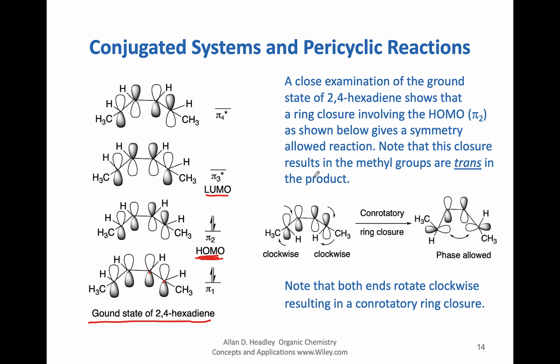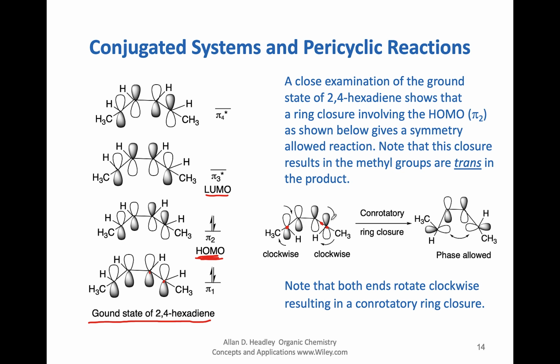So as you can see here, an inspection of the HOMO, and I've redrawn it over here, shows that for the closure of this carbon to this carbon, this bond here must in fact rotate so that its symmetry or phase is allowed.